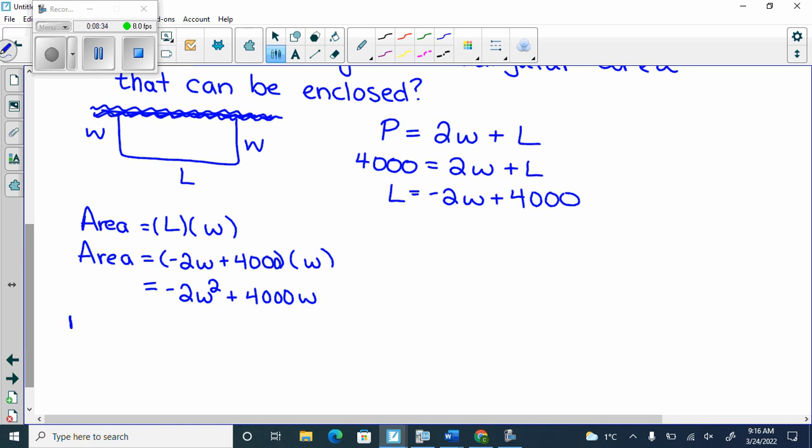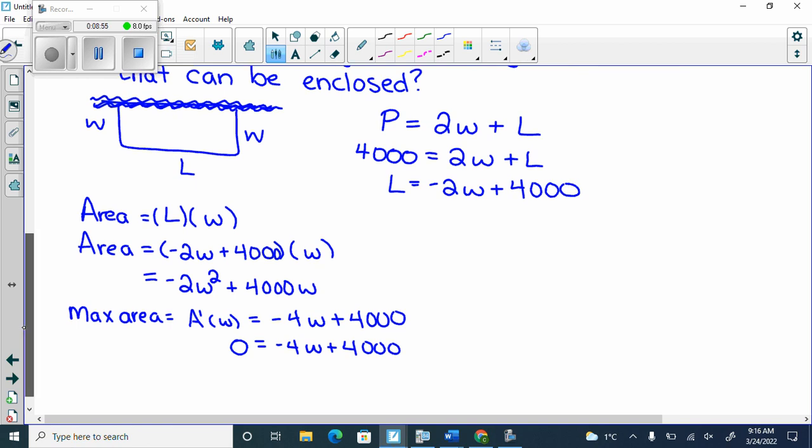So I'm going to go max area, or I could say A prime of w, technically, because I use w's, is -4w plus 4,000. And if I want the maximum, I just set the first derivative equal to 0. And then I can solve for w.